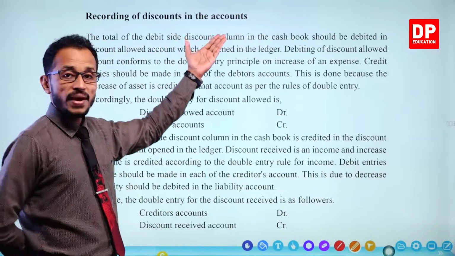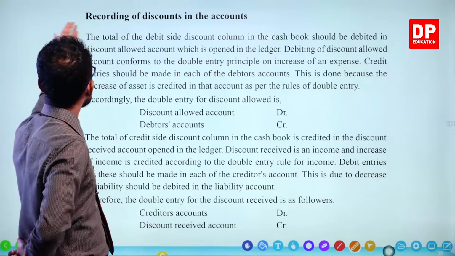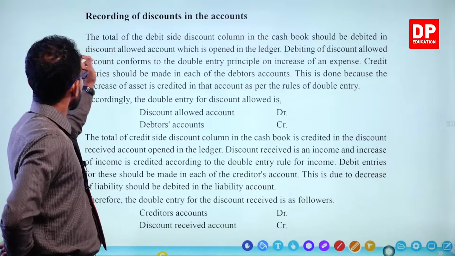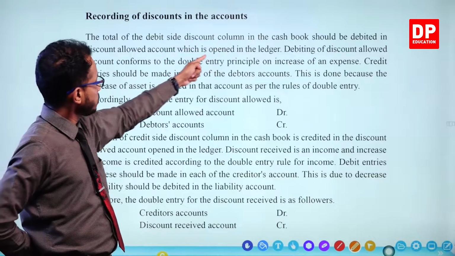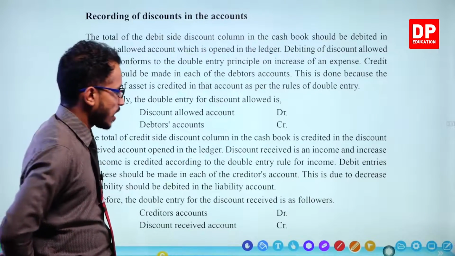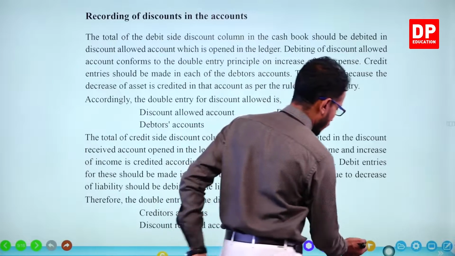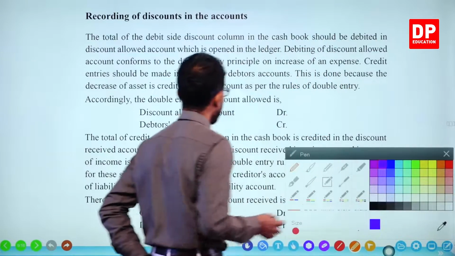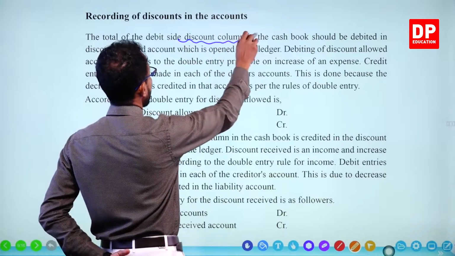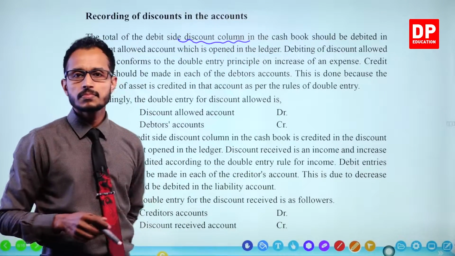Starting with this page in your textbook, recording of discounts in the accounts. The total of the debit side column, which column? Discount column. This is where I ended the last session, as you can remember.